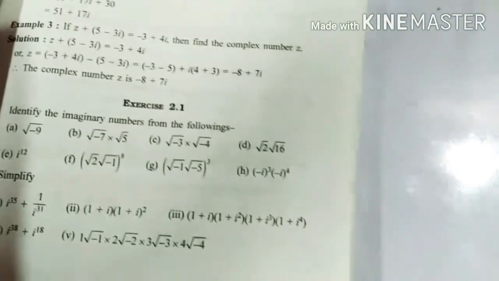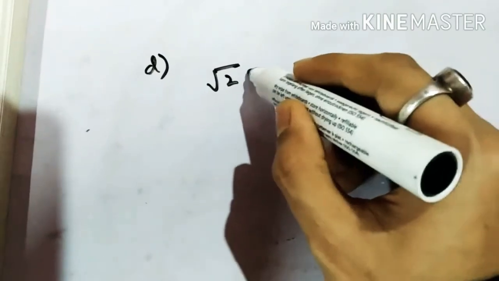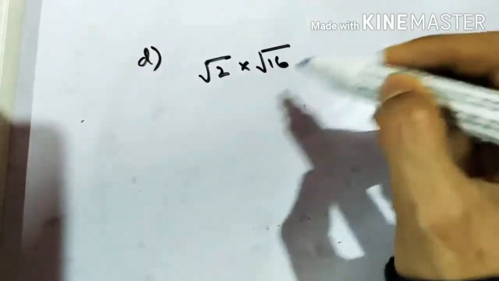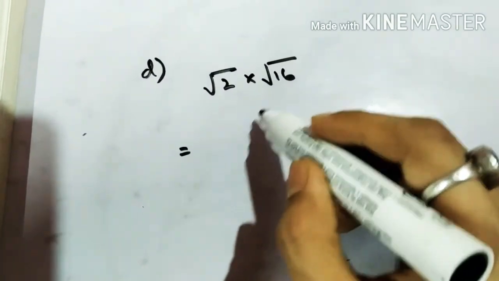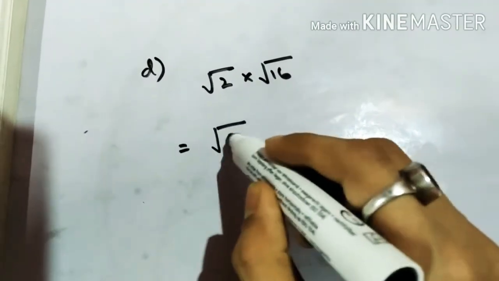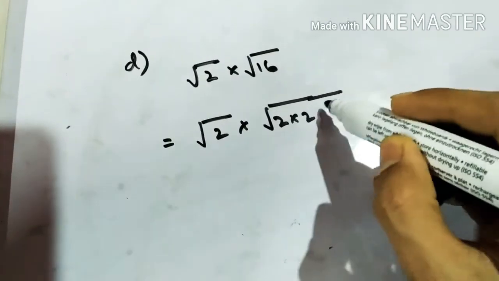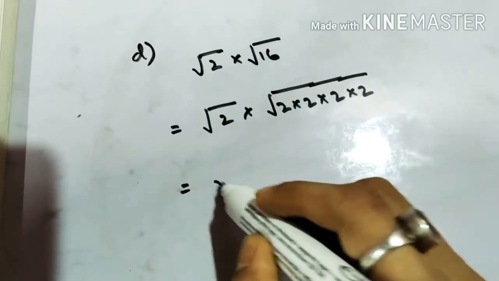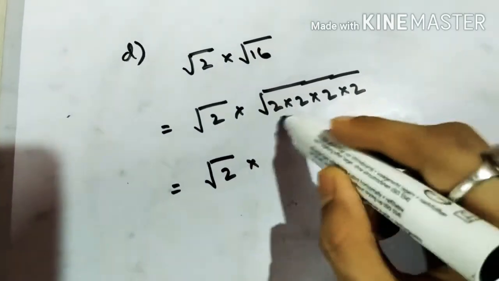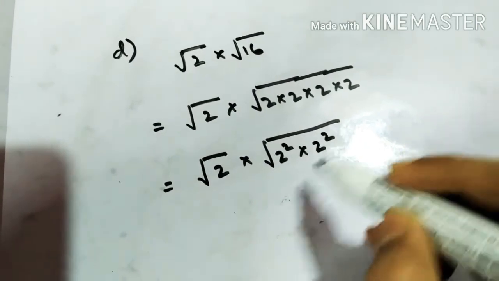Next it is root 2 into root 16. So this is root 2 into root over 2 into 2 into 2 into 2, which is root 2 into root over 2 square into 2 square.